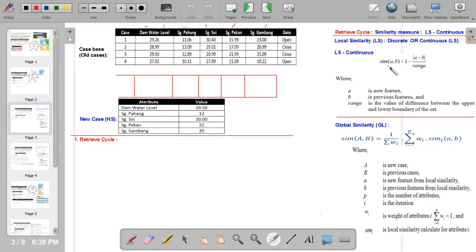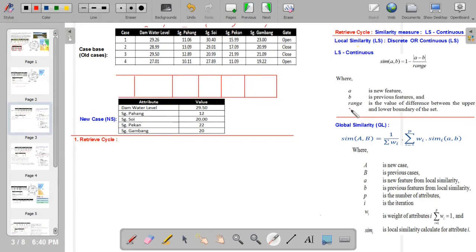So similarity between attribute A of the new case and attribute B of the old case is equal to 1 minus absolute value of A minus B over range, where A always represents the attribute value of the new case, while B is the attribute value of the old case, and range is equal to the value difference between upper and lower boundary of the set.